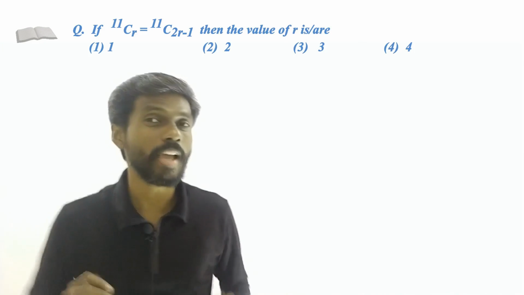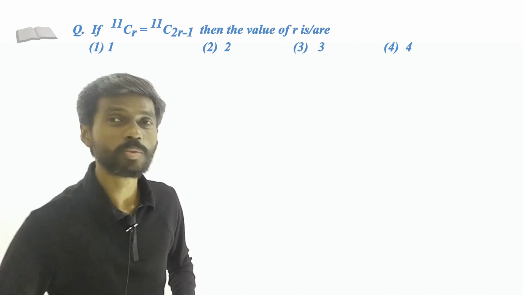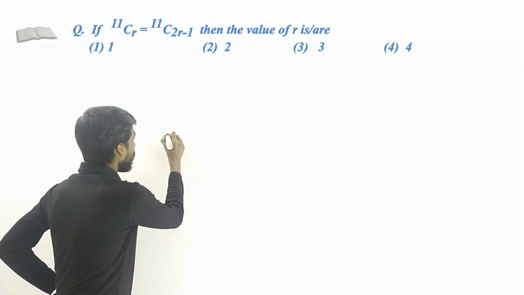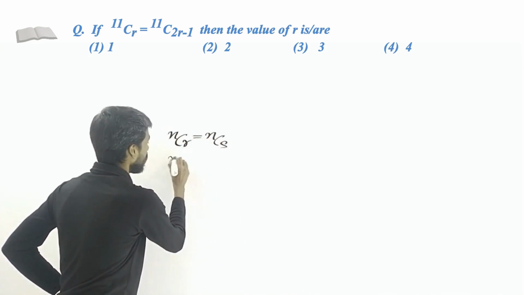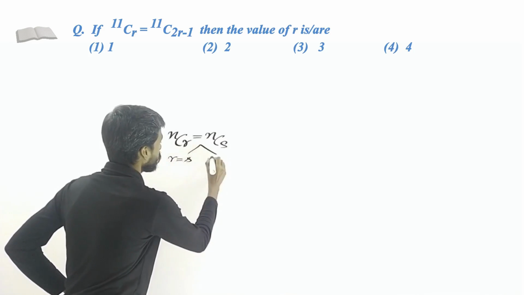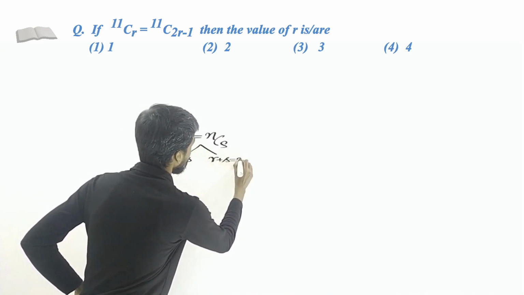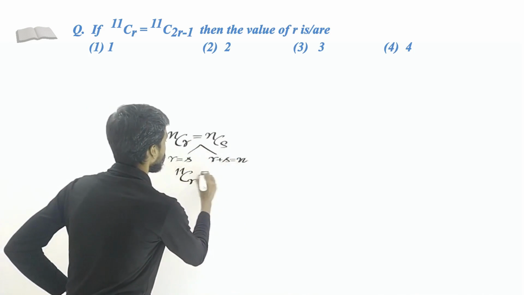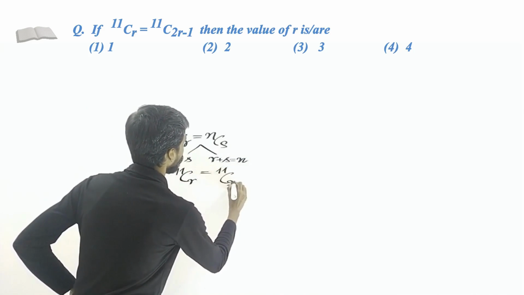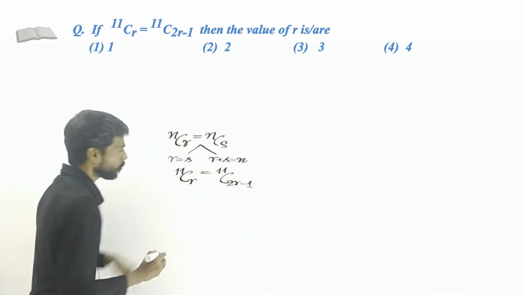It's given that 11Cr is the same as 11C(2r-1). Like we did already, if nCr equals nCs, then either r equals s, that is one possibility, or r plus s equals n, right? So here 11Cr is equal to 11C(2r-1). There are two cases.